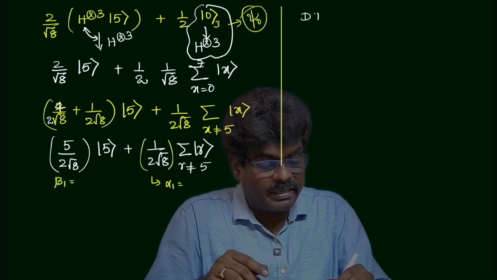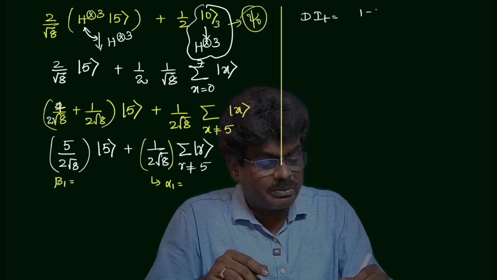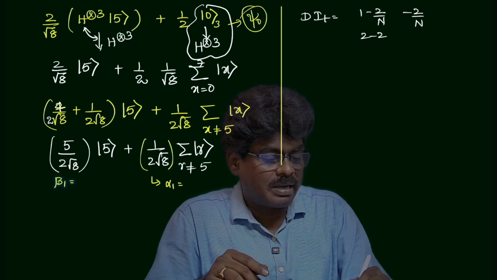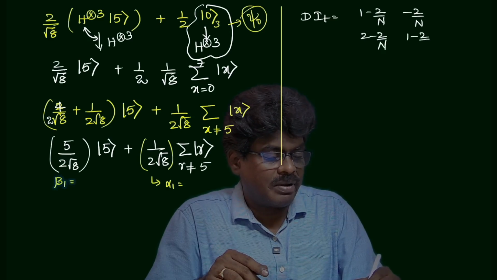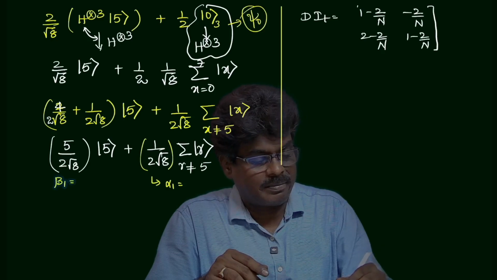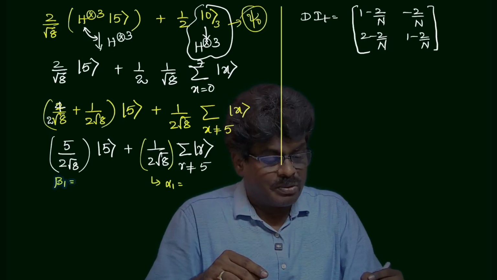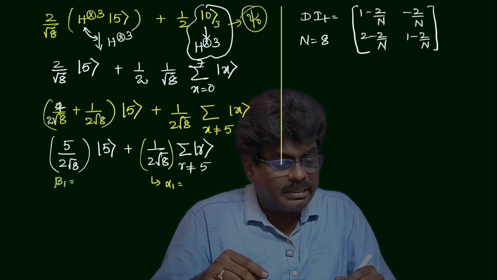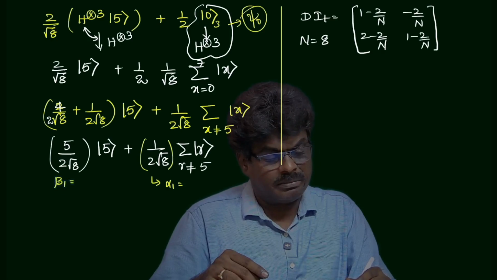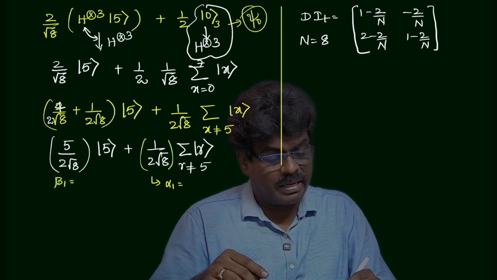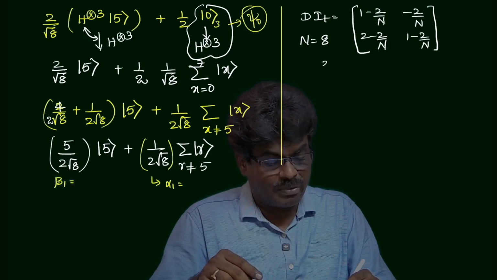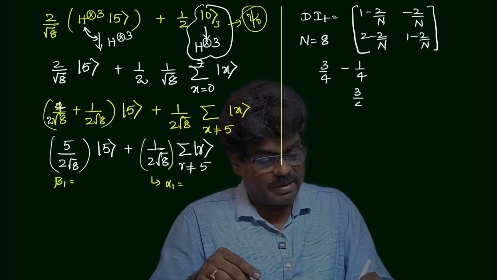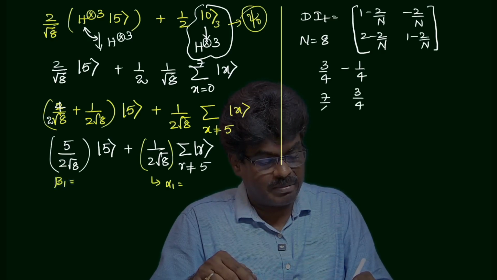One time we operated, so it is 1 minus 2 by n, minus 2 by n, 2 minus 2 by n, and again 1 minus 2 by n. If I substitute n is equal to 8, I will get 1 minus 2 by 8. This is nothing but 6 by 8. It means 3 by 4, minus 1 by 4, and here also 3 by 4, and here it is 7 by 4.